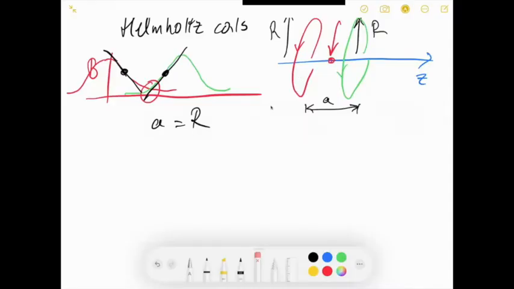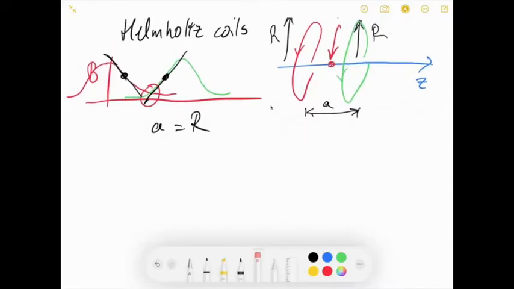So if the coils are far away, then the net field looks like this. So you get something like that.